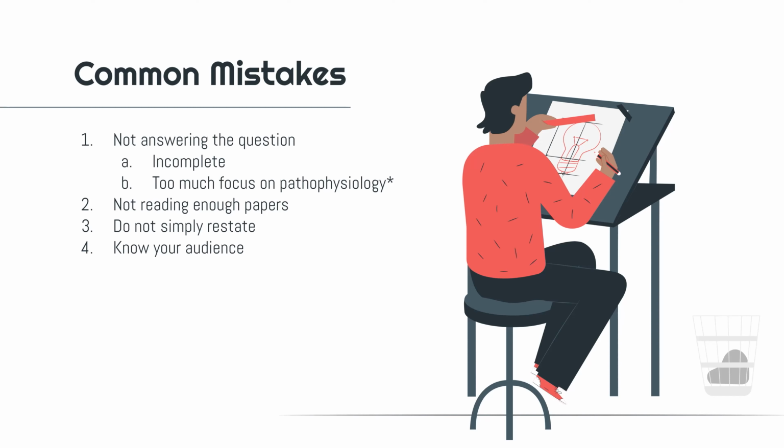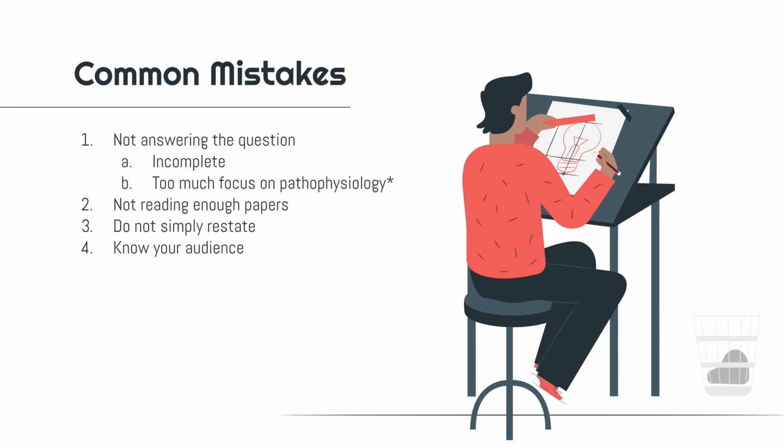And the other part of it is focusing too much on pathophysiology. Specifically for the term paper, it's meant to cover a lot of the physiological aspects, and that recommendation does come with a caveat, which is basically that some topics are pathophysiologically heavy, and you can tell just by reading the topic that that's what they're looking for.